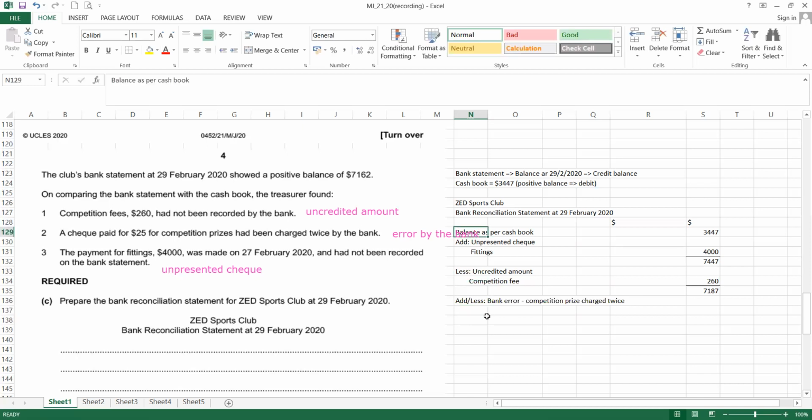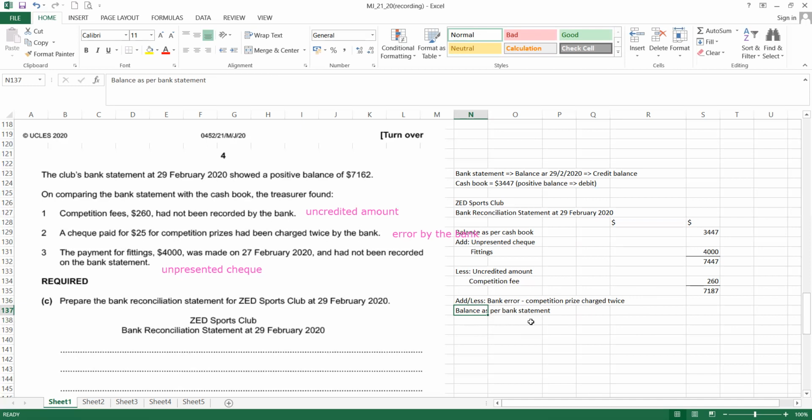Now I will explain here. Balance as per bank statement. When you want to see whether you should add or minus from the bank statement record, you stand from the bank statement point of view. The question says the bank statement recorded twice.